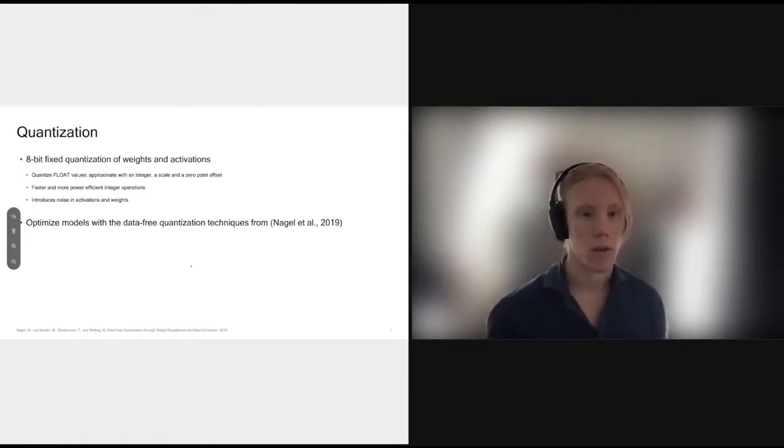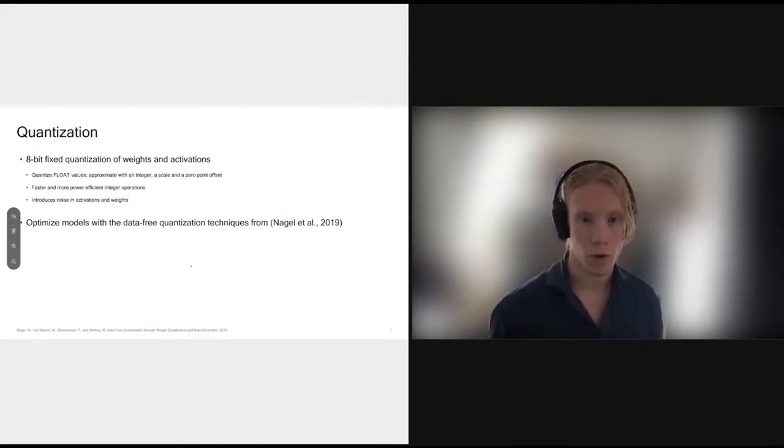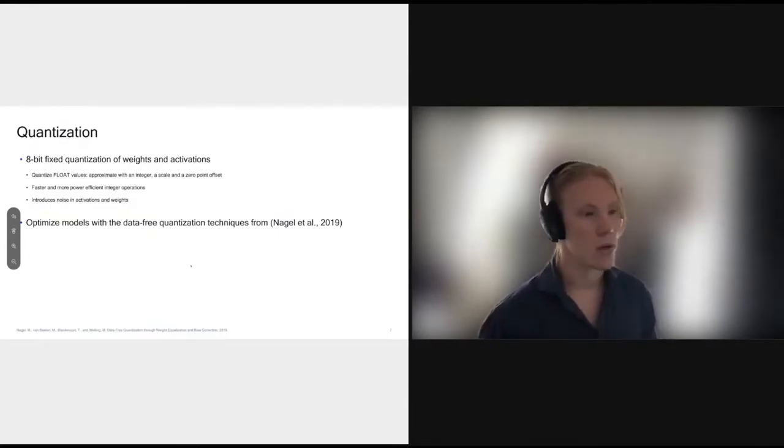But this is at the cost of introducing noise in the activations and the weights of the model. This unfortunately can reduce the overall performance. So we need to use techniques like the data-free quantization techniques from Nagel et al. to renormalize the weights of the network to basically make it more robust to the quantization noise.